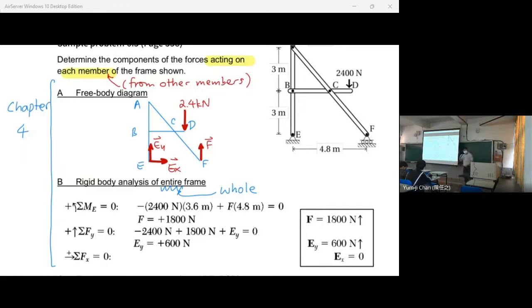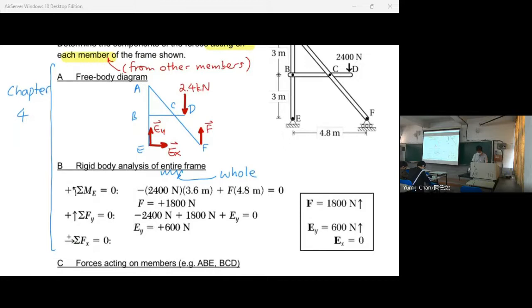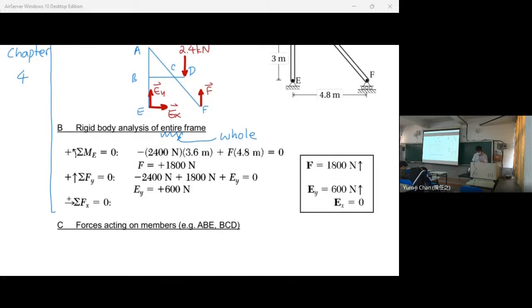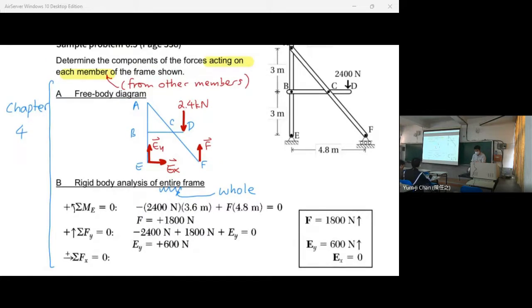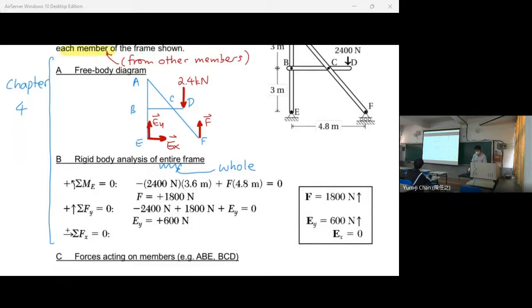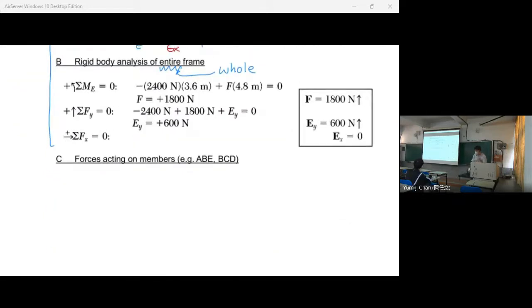Okay? Now for the next step, similar to trusses, we break it down into members. In this case, we need to determine forces acting on members from other members. So we work on forces acting on members, and we draw the free body diagram of a member.